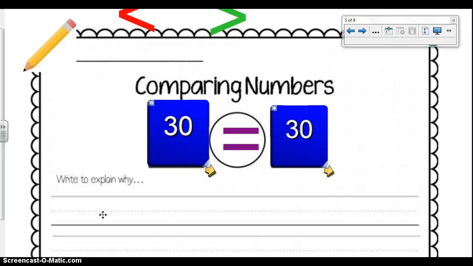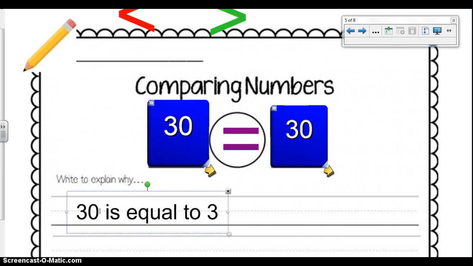You would say 30 is equal to 30. That would be a good explanation of how you would say this equation.